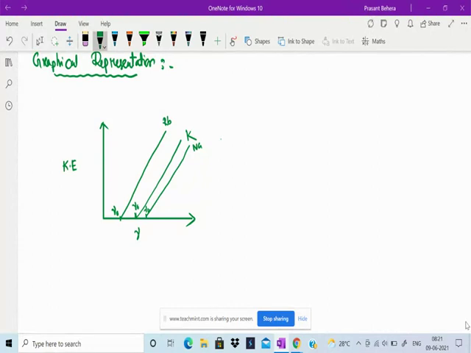Here, the threshold energy for rubidium is 2.09 eV. So this is called work function. This is the frequency, or threshold frequency, for the metal. E naught is equal to h nu naught, and this is called threshold energy.